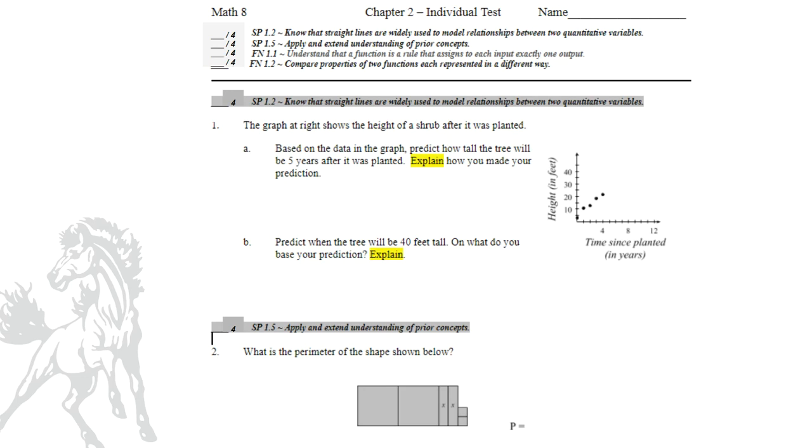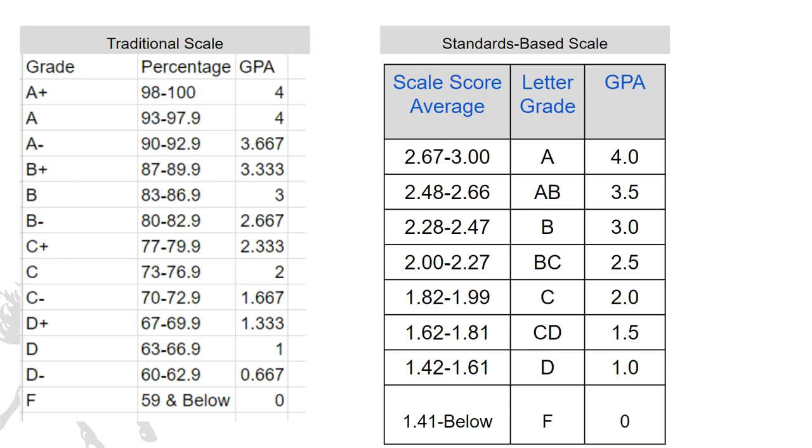Here's another example of a math assessment and how a student may be assessed on a 4-point scale. When looking at the traditional scale on the left, you can see how that's translated to a standards-based scale on the right.